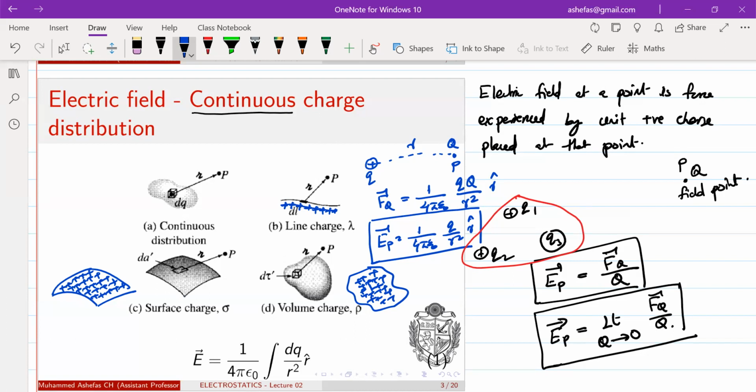Now, how will you characterize such charge distribution? In order to characterize the charge distribution, for a line charge distribution, we'll introduce a quantity called lambda. It is called line charge density.